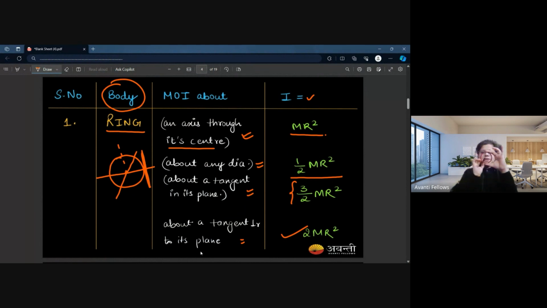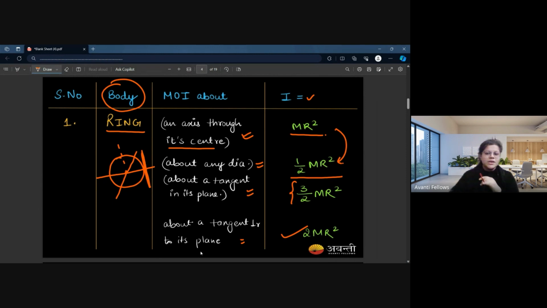See, in this case, all the masses are at equal distance and they are away from this axis. But when I said about a diameter, then at least a few masses are lying on this diameter now. Few masses at least. So it is supposed to be lesser than the previous one. That's why you are observing here the reduction to half mr square. Okay, everything is related to each other.